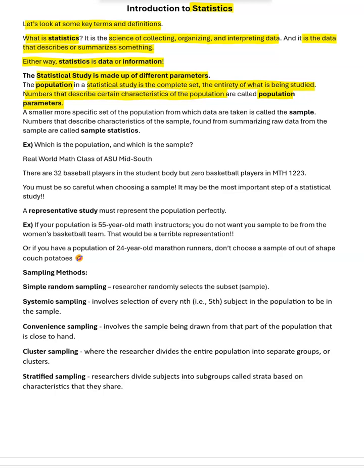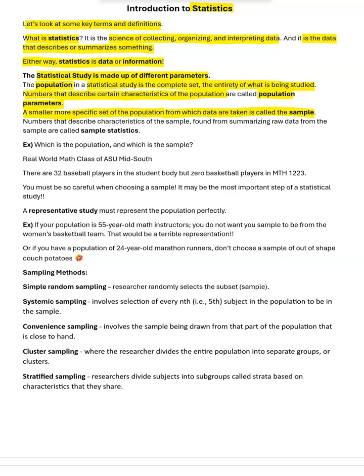Now a smaller, more specific set of the population for which data are taken is called a sample. So we can't really ask everybody in our whole group, right? So we have to take a smaller section that we ask from, and that's called the sample, right?